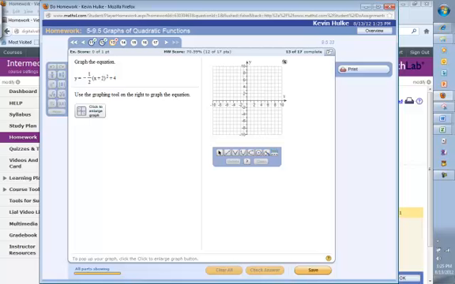Okay, so back to up 4, there's our vertex, and since it's half as much, instead of going over 1, down 1, we're going to go over 2, down 2.